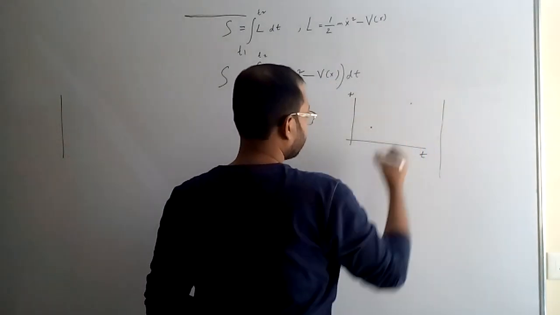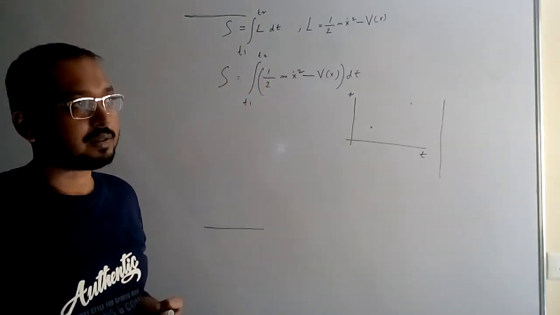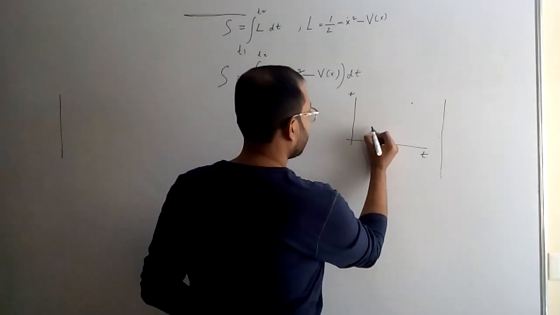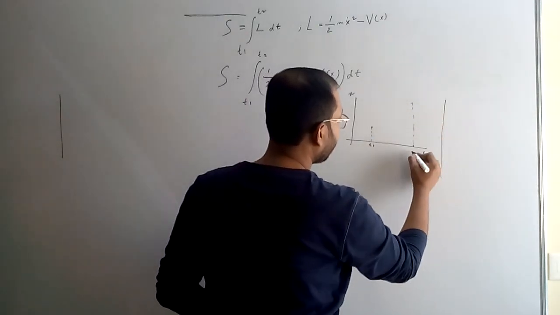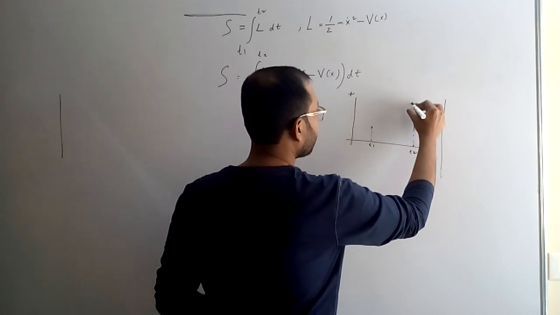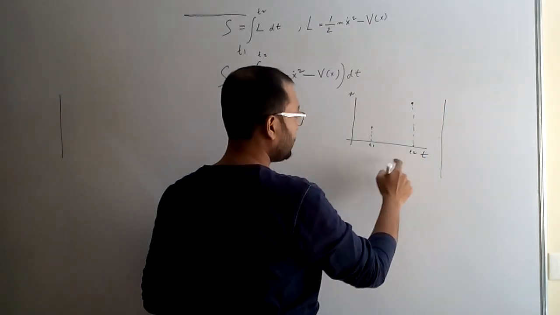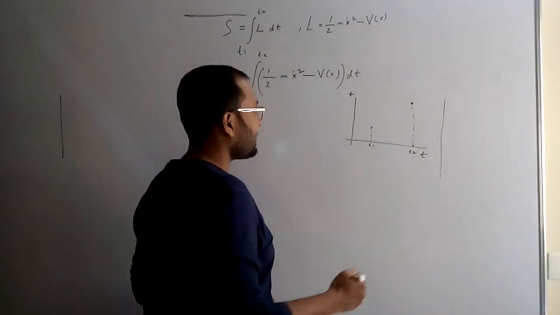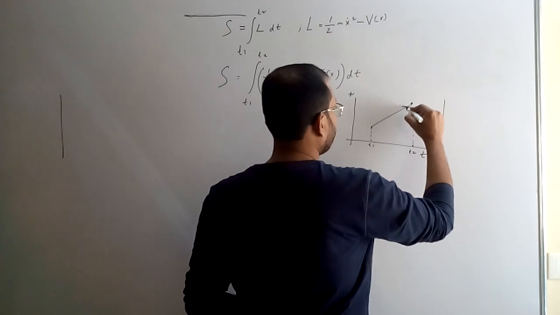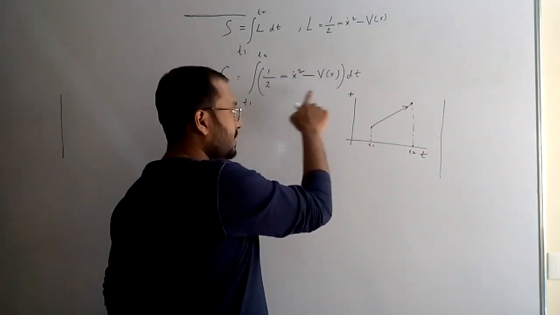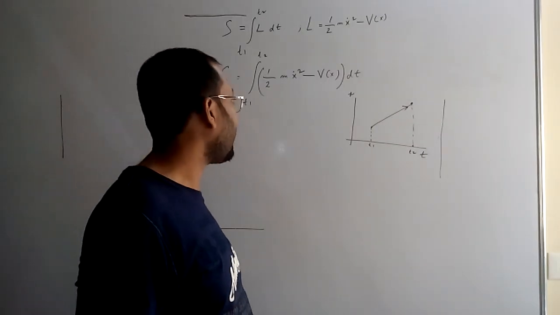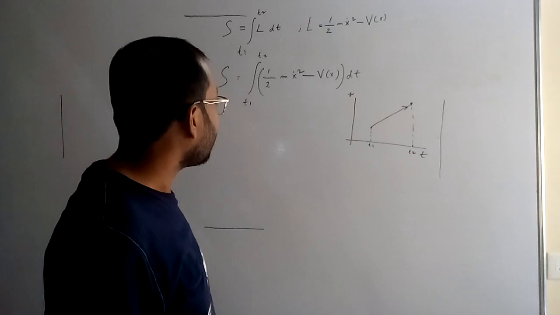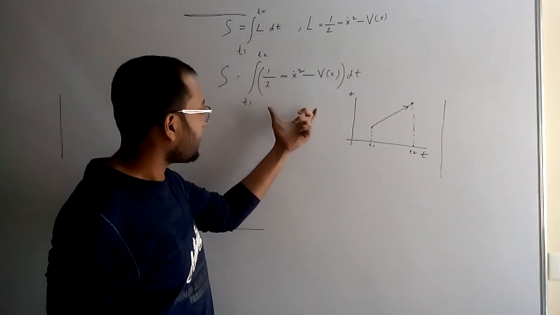It says that if there is a certain particle in some potential field and you have to determine what path it takes in going from this point to this point between times t1 and t2, the principle of least action basically says that the particle will follow a path which minimizes, or makes stationary, which is the more correct phrase, this quantity.